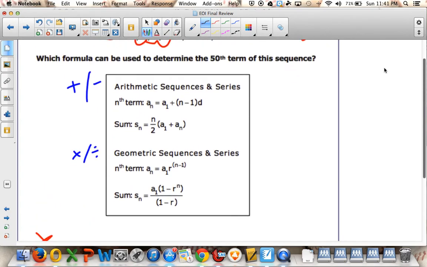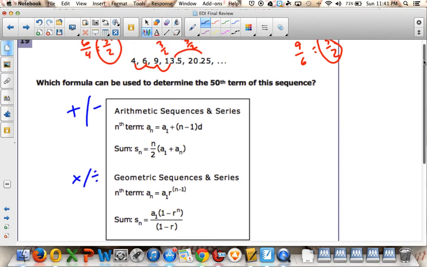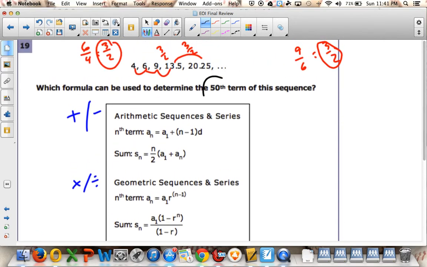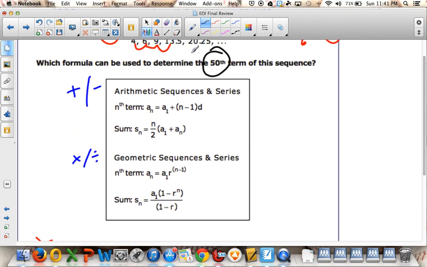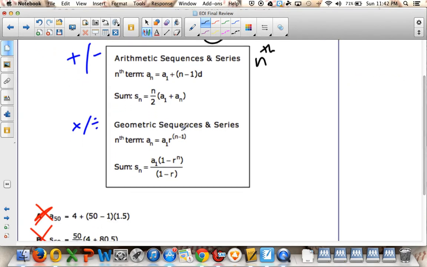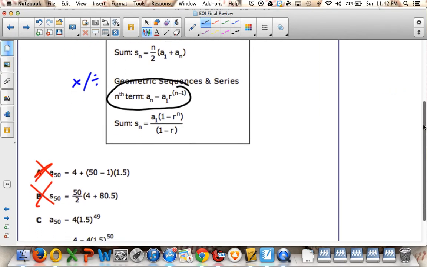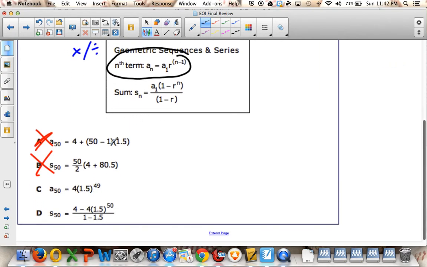Let's see what it's asking. Which formula can be used to determine the 50th term? Well, the nth term, 50th term formula looks like this right here. So I need to find which one, C or D, looks to be that right there.